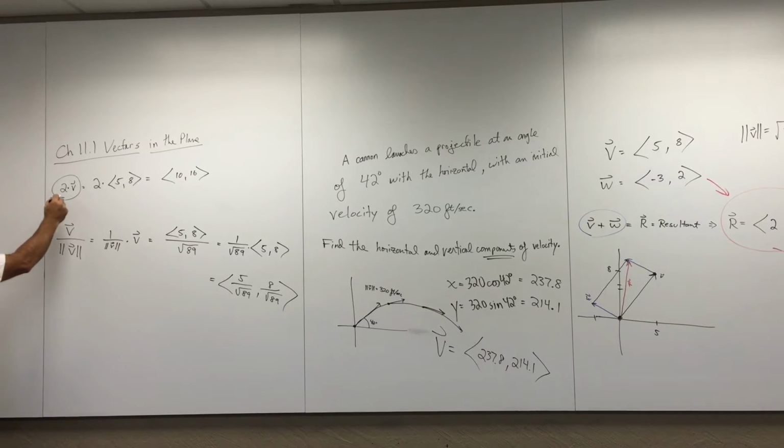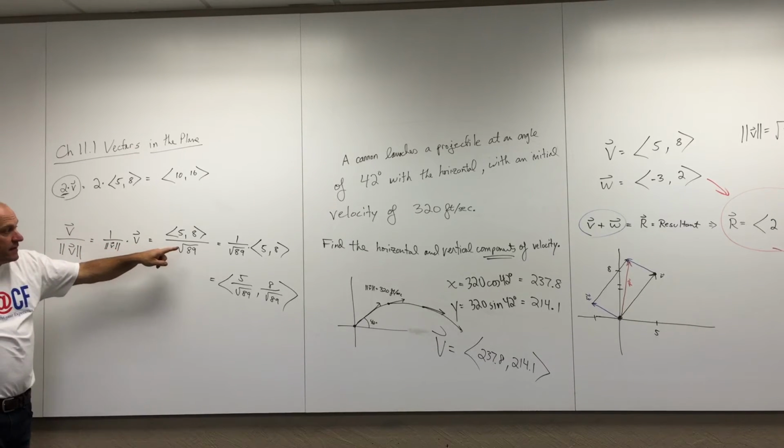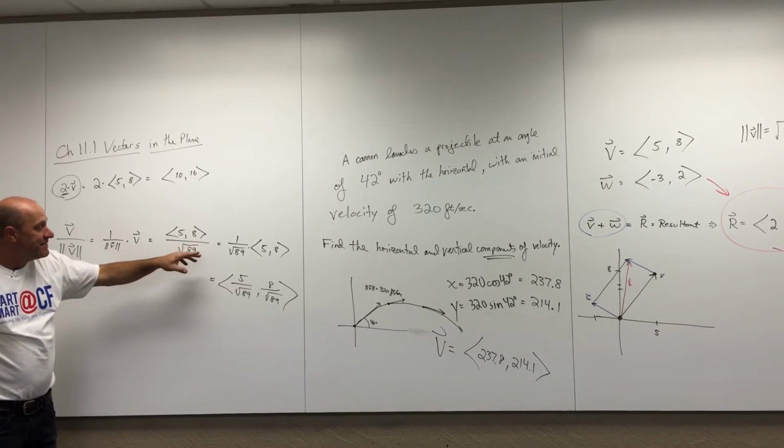When we multiply by a 2, we make it twice as long. What if you multiply by a half? You make it half as long, shorter. So what did I do? I shortened this vector, didn't I? And how short did I make him?